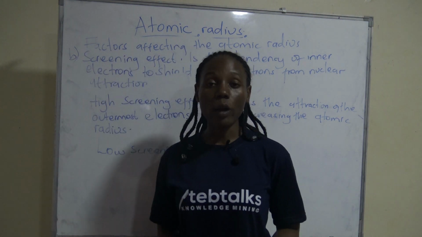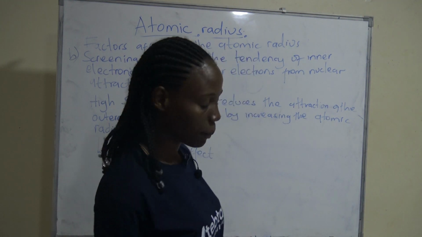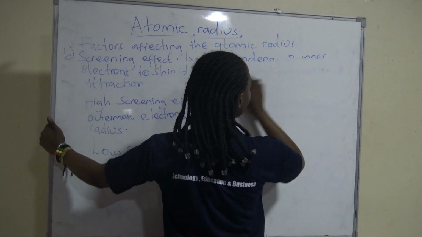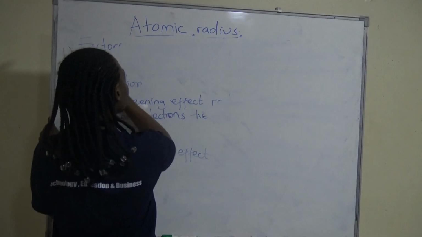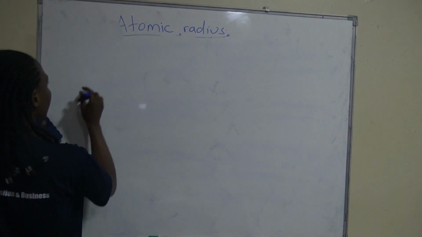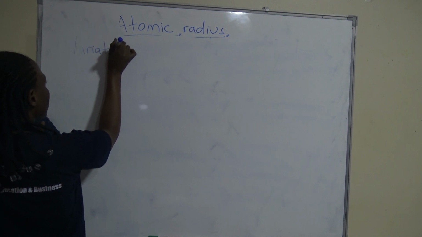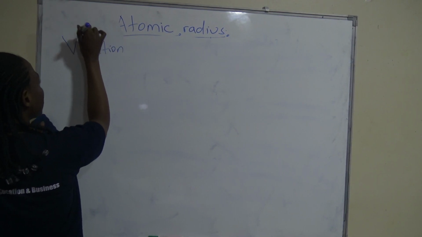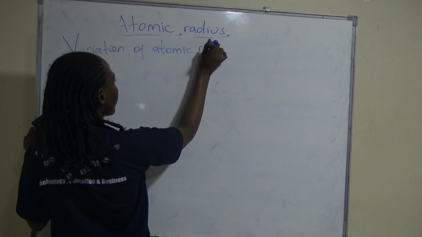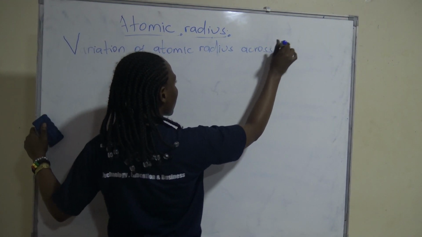After writing that, we are going to look at the variation of atomic radius across the period.